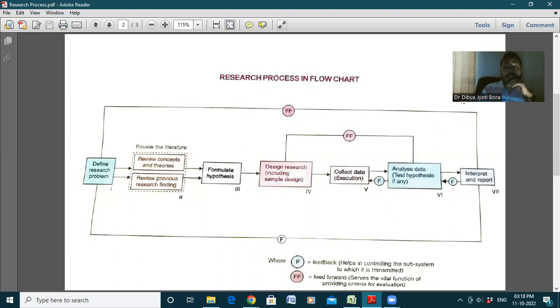So data collection, I think in every field, not just science or engineering or arts or social science, business, health science, whatever your discipline is, everywhere collection of data plays a major role during the research process. अरे data नहीं होगा तो आप किसके ऊपर research करोगे, right?